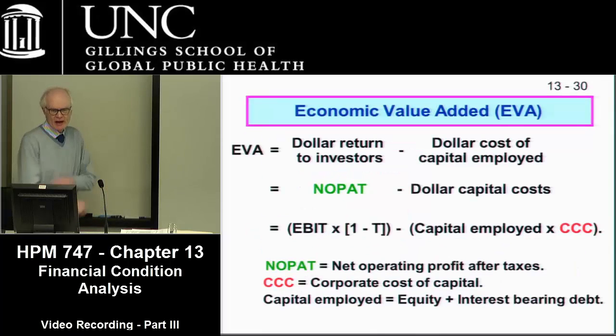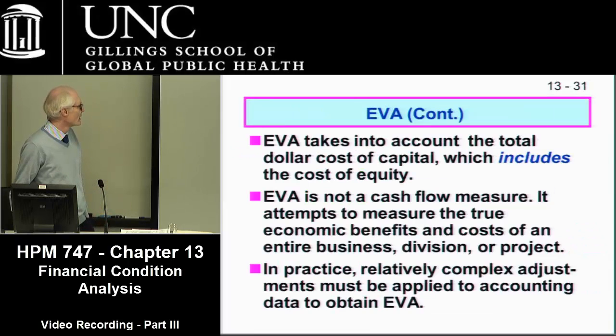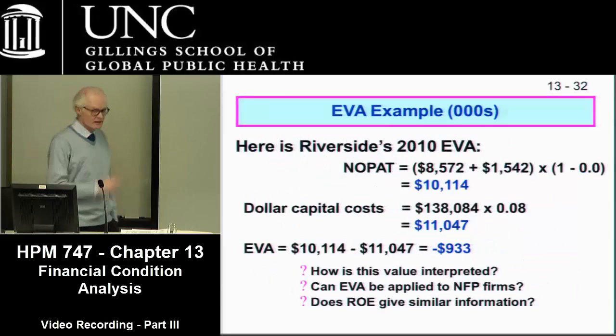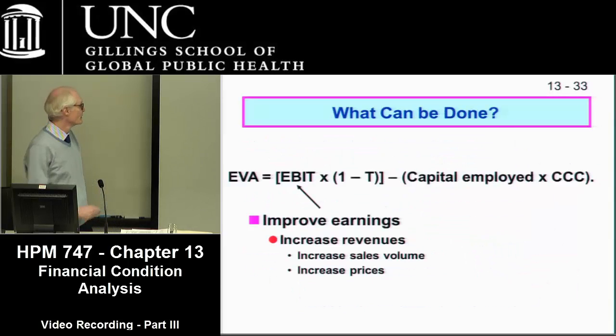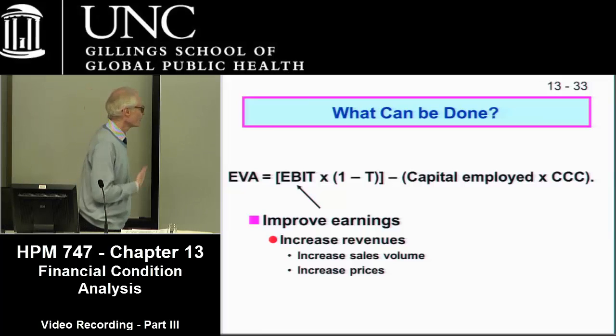The economic value added, as I said, I do not see this used a lot in the real world, but I think it is interesting to talk about how we can affect different kinds of financial indicators through different kinds of management strategies. So we've got earnings before interest and taxes. If we want to increase the reported earnings before interest and taxes on the financial statements, there are several ways to do it.